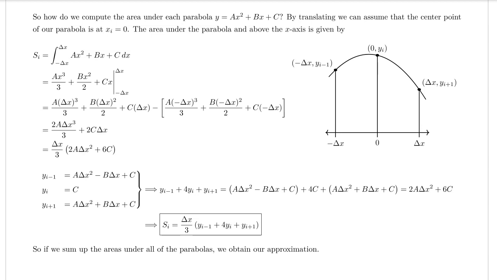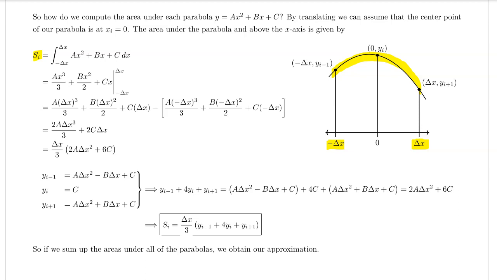By translating, we can assume that the center point of our parabola is at x sub i equals 0. The area under the parabola and above the x-axis is given by the formula S sub i is equal to the definite integral from negative delta x to positive delta x. So what we're doing here is we have this parabola, and the endpoints are based on negative delta x and positive delta x, and we're assuming it's centered at 0.